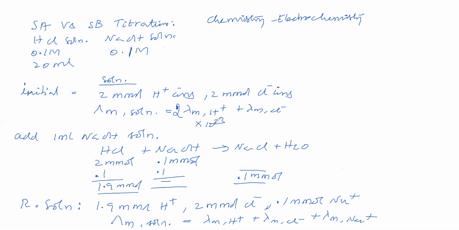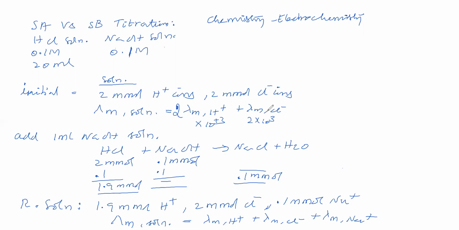Because lambda m means molar conductivity shown by 1 mole of electrolyte. To convert that into millimoles, we multiply by 10 power minus 3. In the same way, this also we have to multiply by 2 into 10 power minus 3.